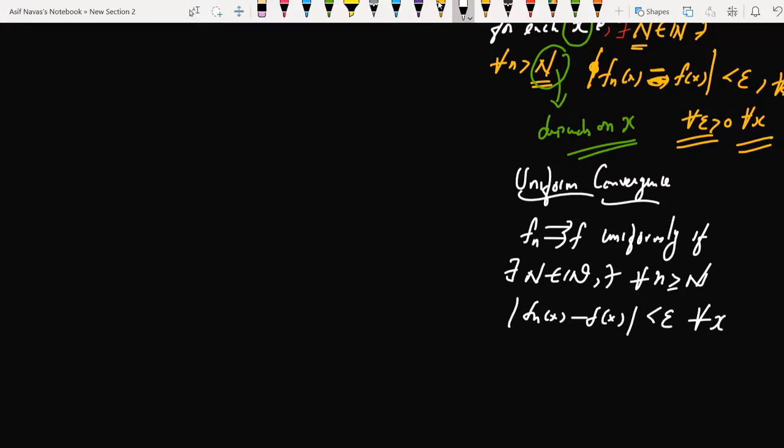The difference is that there exists a particular N that works for all x. For every epsilon greater than 0 and for every x, then we say the convergence is uniform.